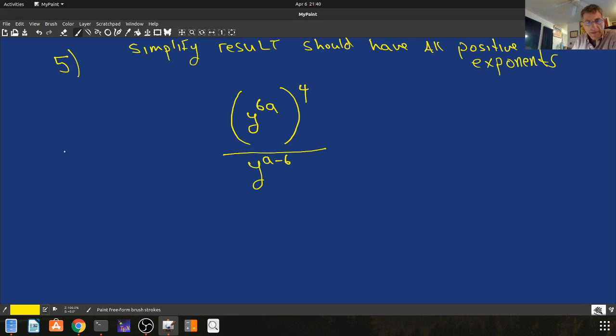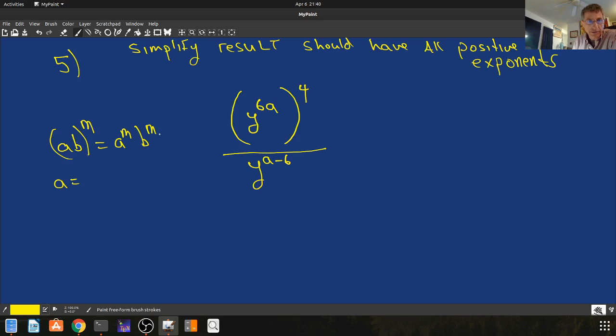So we have this rule: a times b raised to the mth power is equal to a to the m times b to the m.